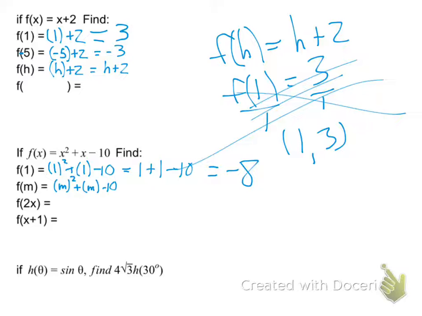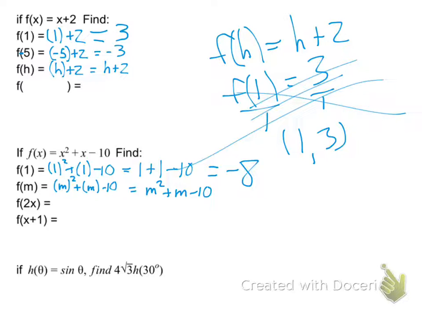Because of our exponent rules. Be very careful on that situation. And it becomes m squared plus m minus 10. It's almost the exact same thing as x squared plus x minus 10, but it's just a different variable. Now my function is in terms of m instead of x.